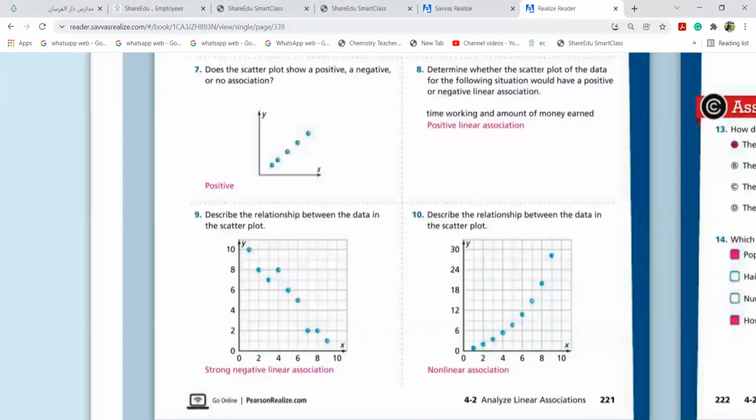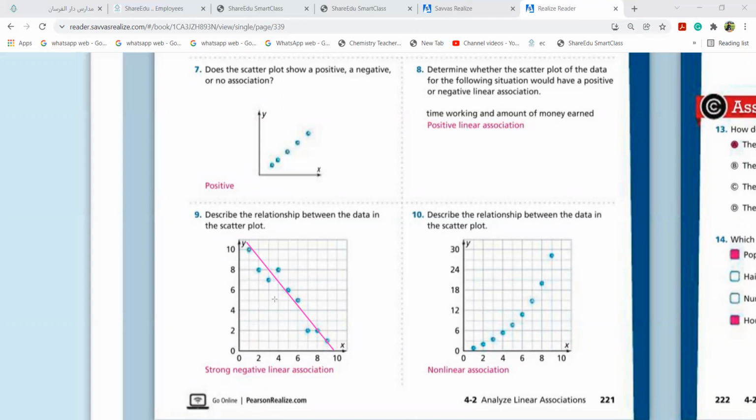Describe the relationship between the data and the scatter plot. Okay, girls, what do you think? If I make a trend line from here, is it increasing or decreasing? Noor, decreasing. So is it negative or positive? Negative. And why did they say strong?